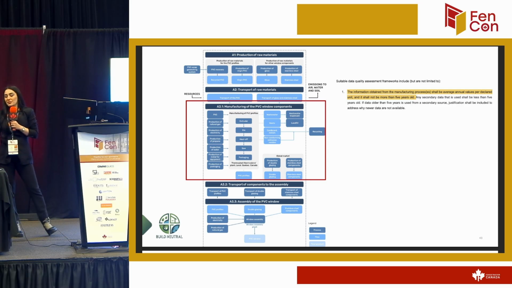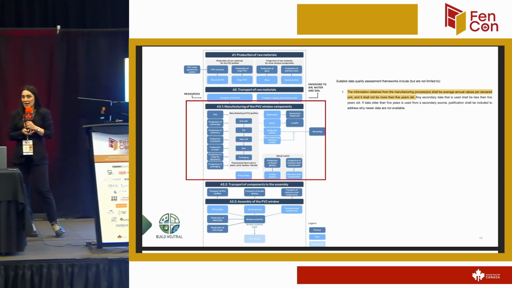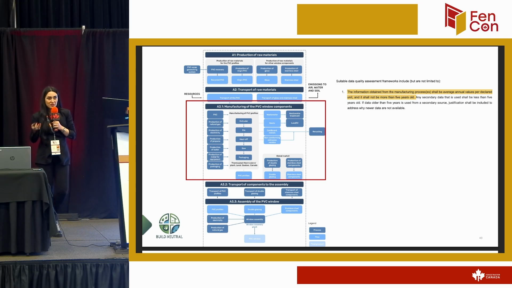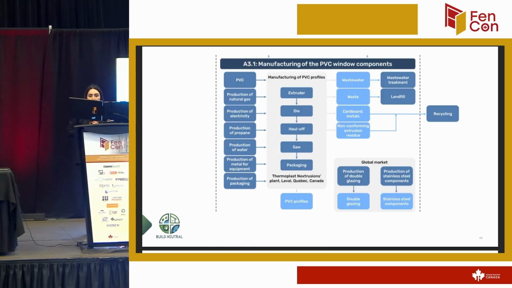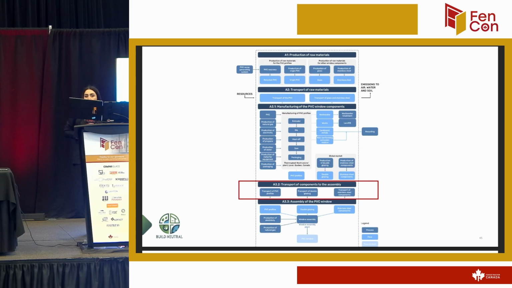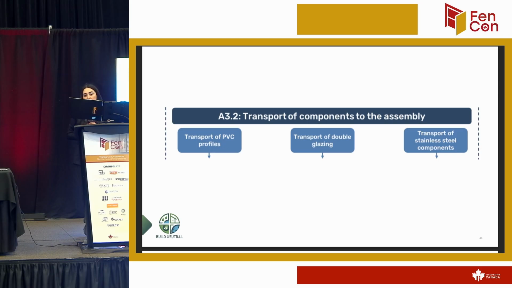What equipment do you have, how much scrap rate do you have, what's the percentage of your material that goes to waste, all of those. And then here they provide manufacturing of the PVC window components, as well as transport of components to the assembly.